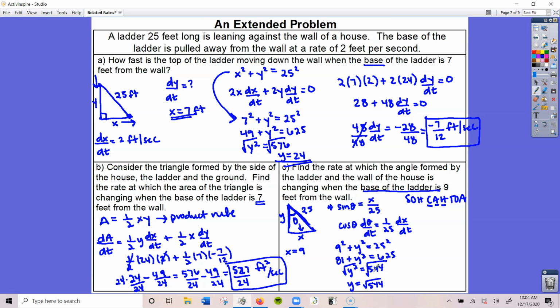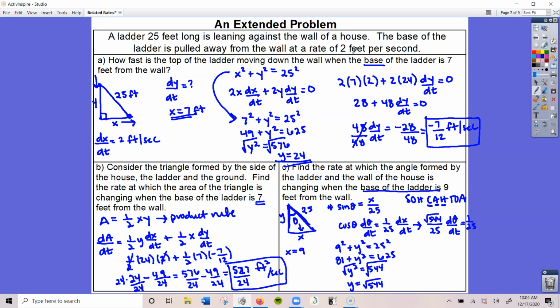So if we could simplify this radical, we would, but there's no square root of 544, so we're just going to leave that. So now let's go back to this equation. We have the cosine of theta, which is equal to adjacent, so the square root of 544 over the hypotenuse, which is 25, d theta dt is going to equal 1 over 25 times dx dt.